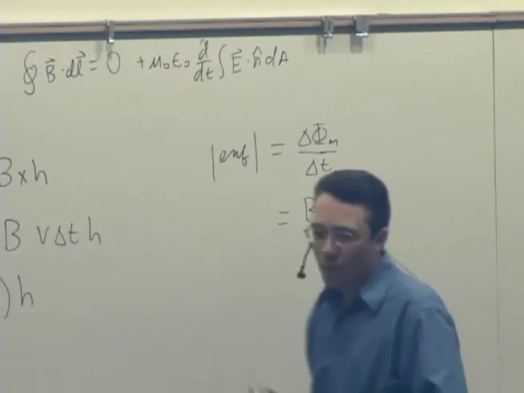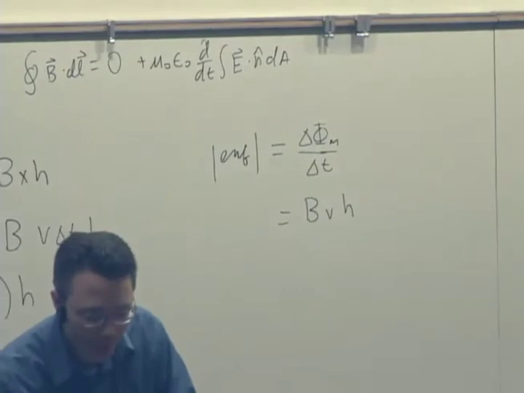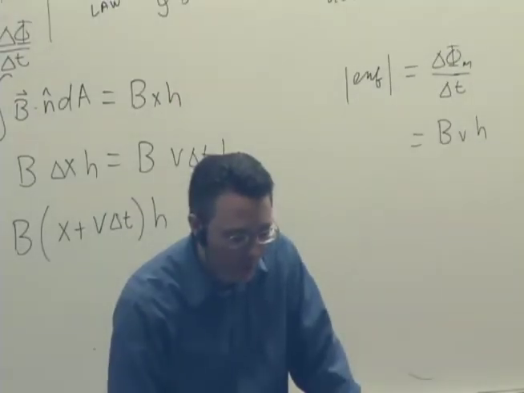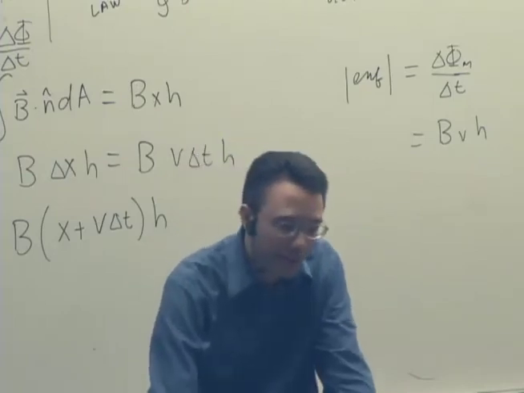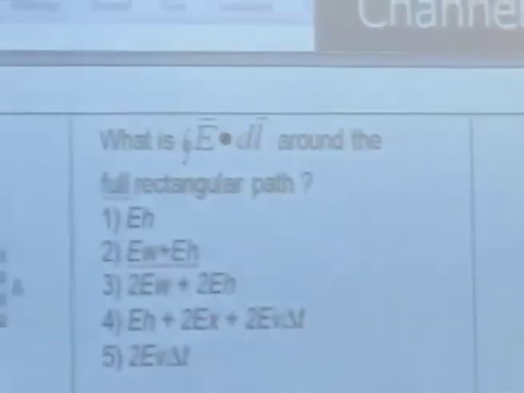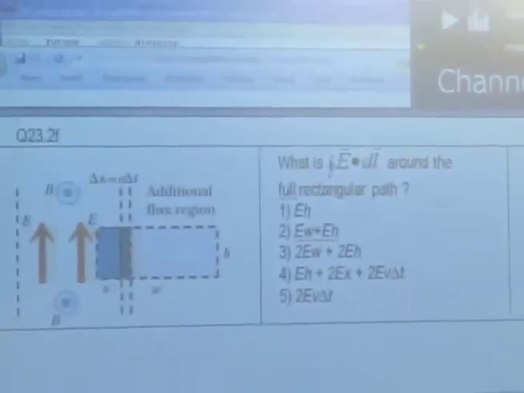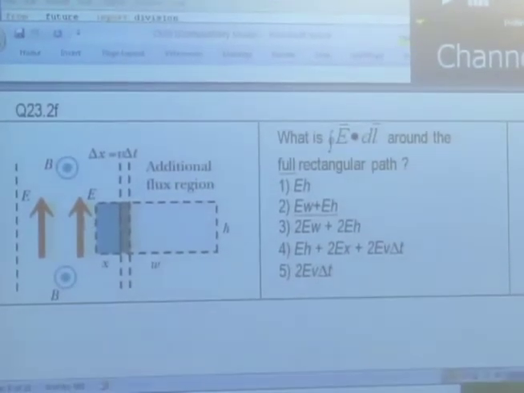All right. Well, let's look at the other side of the equation. The other side of the equation involves not flux, but this round trip path integral of the electric field. Okay, and we've done these before. You have a path, a rectangle here. Inside this region, you have a uniform electric field pointing upward, but outside you have an electric field equal to 0.